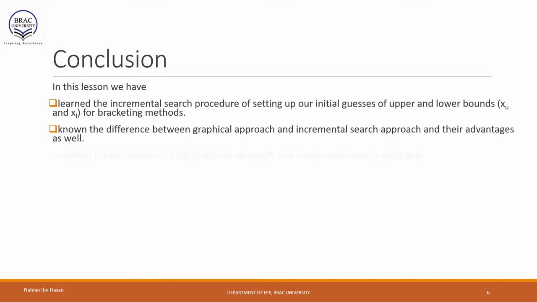We have also seen some limitations of the incremental search procedure. If we set the incremental step size very large, we would miss out some of the roots. Also, if we set it very small, it would cost us much computational resource. So we have to make a trade-off between those.